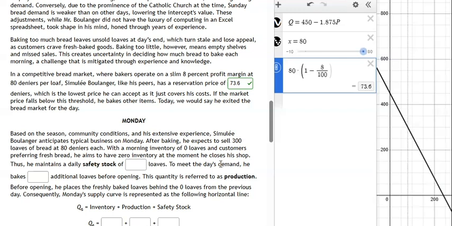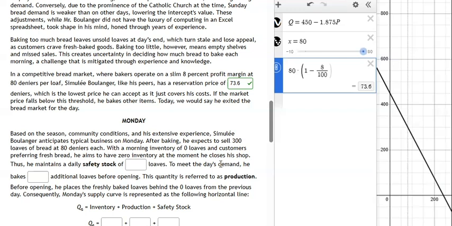Based on the season, community conditions, and his extensive experience, Simile anticipates typical business on Monday. After baking, he expects to sell 300 loaves of bread at 80 deniers each. With a morning inventory of 0 loaves and customers preferring fresh bread, he aims to have 0 inventory at the moment he closes his shop.